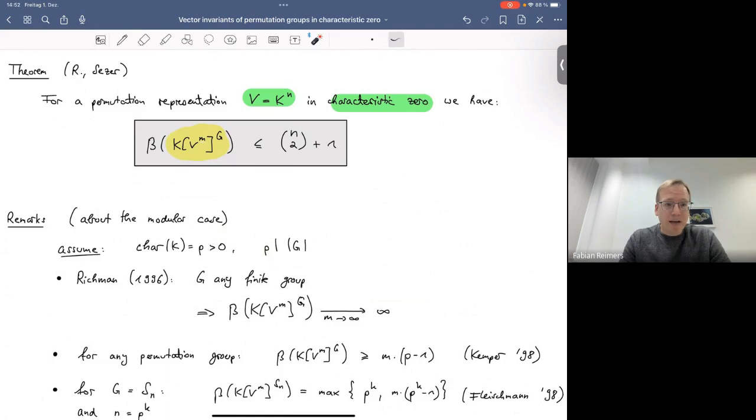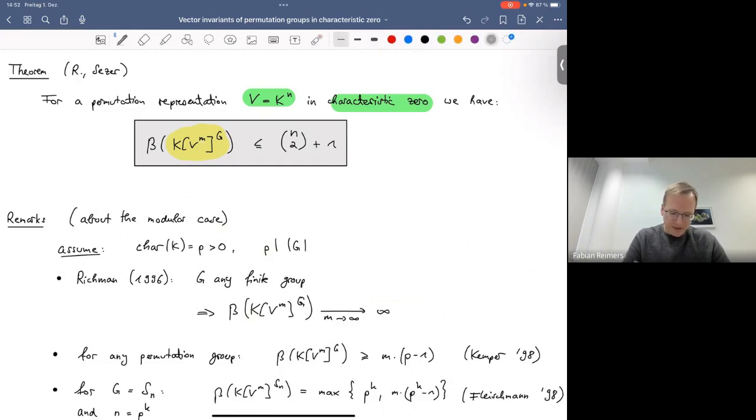If we have any finite group in this modular case, and we look at vector invariants, copies of the representation V, then there can be no degree bound that only depends on the group order or the dimension n. This degree will go to infinity if m goes to infinity.